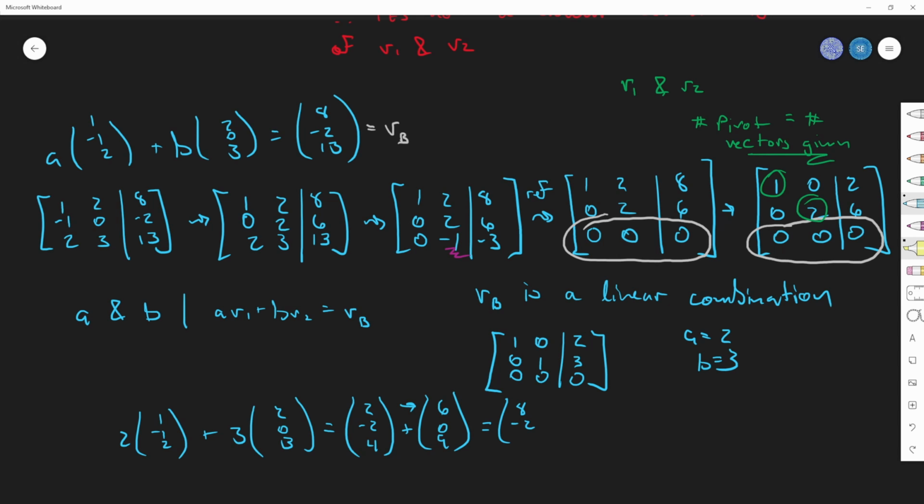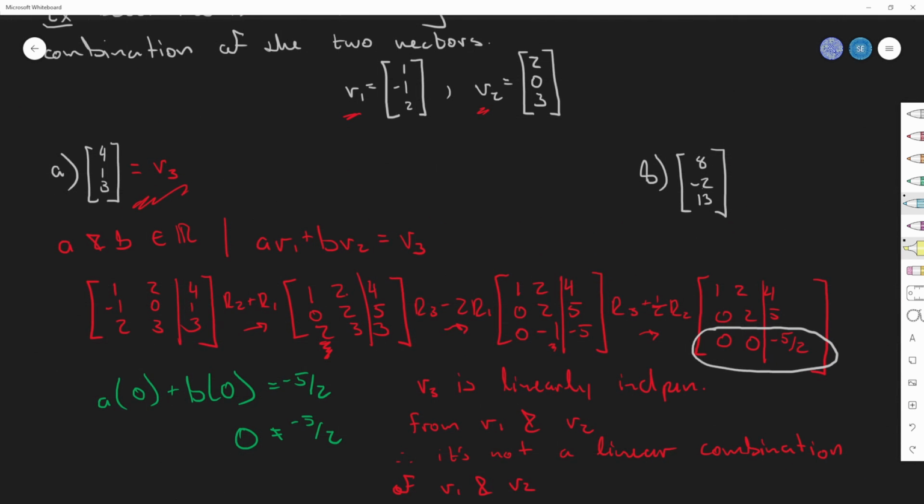Negative 2 plus 0, negative 2, and then 4 plus 9 is 13. And we can see that is also equal to V of B. So yeah, we just confirmed that this is a linear combination, and I also showed y'all how to check if a vector is a linear combination.